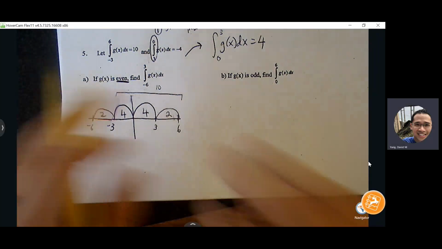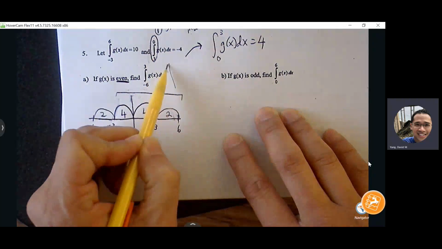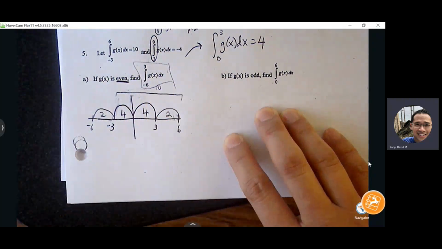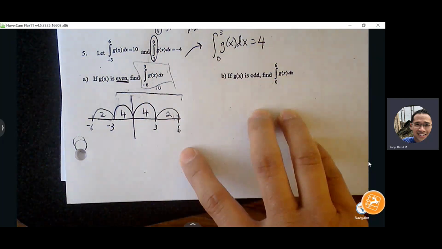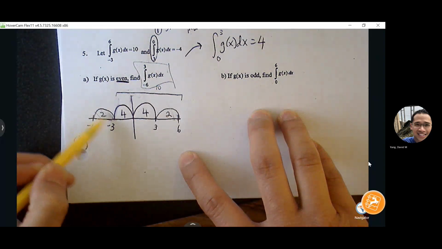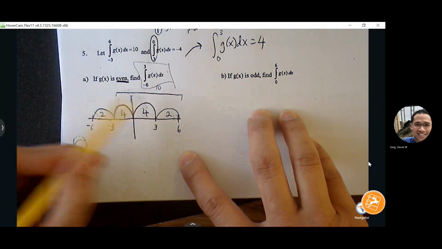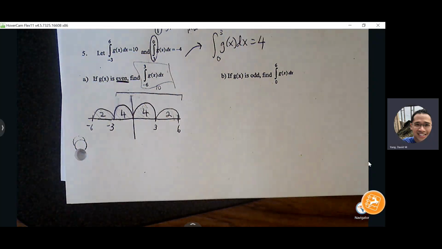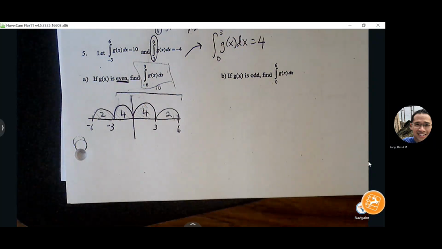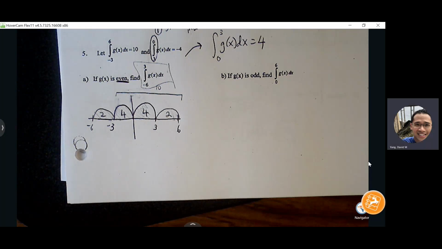So now that I have the full graph in front of me, I'm just looking to add what they want me to add. So from -6 to 3, what does that add to? 10, yeah.